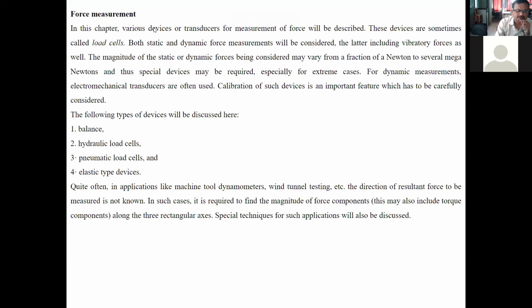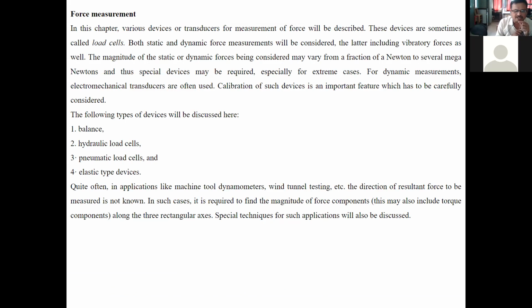Force measurement. In this chapter, various devices or transducers for measurement of force will be described. These devices are sometimes called load cells. Both static and dynamic force measurements will be considered, the latter including vibratory forces as well.